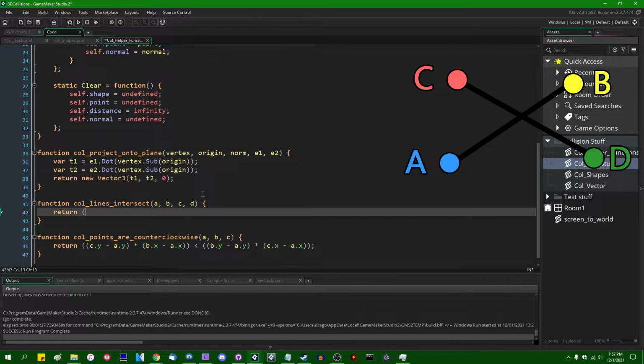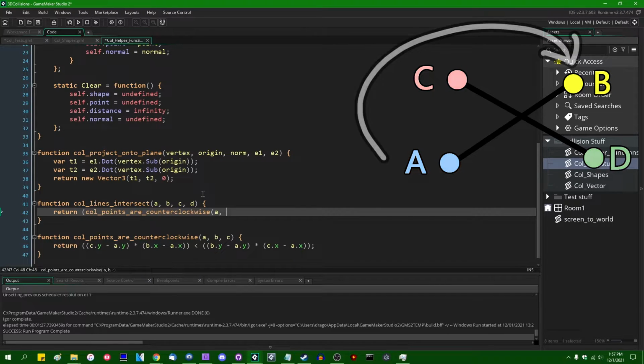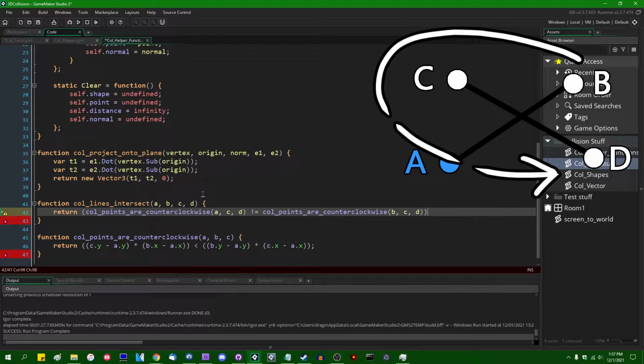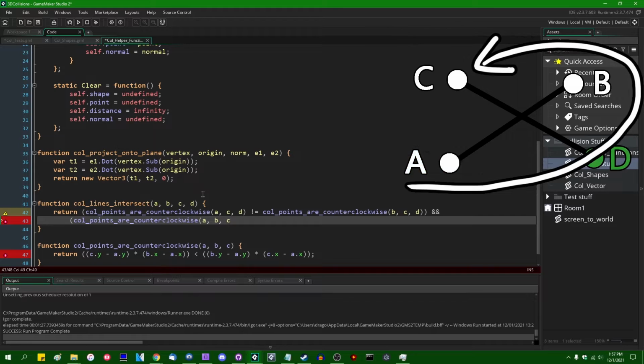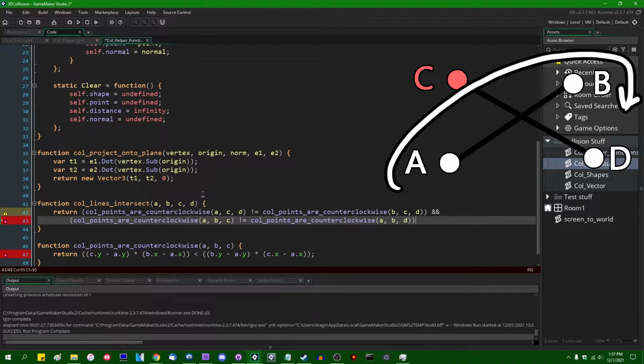We're going to return pointsAreCounterclockwise A, C, and D is not equal to pointsAreCounterclockwise B, C, and D. That is going to be one expression. And let me dump this on a second line. pointsAreCounterclockwise A, B, and C is not equal to pointsAreCounterclockwise A, B, and D. And that should be our entire expression.